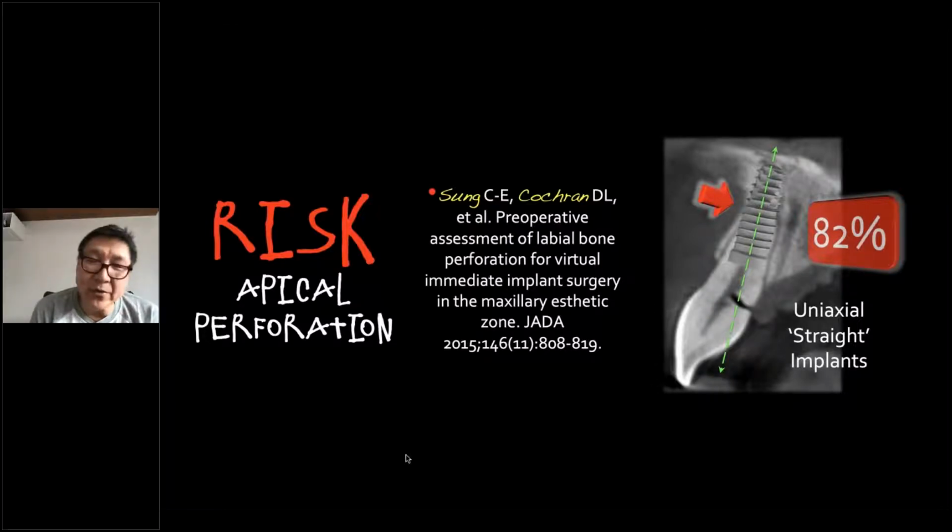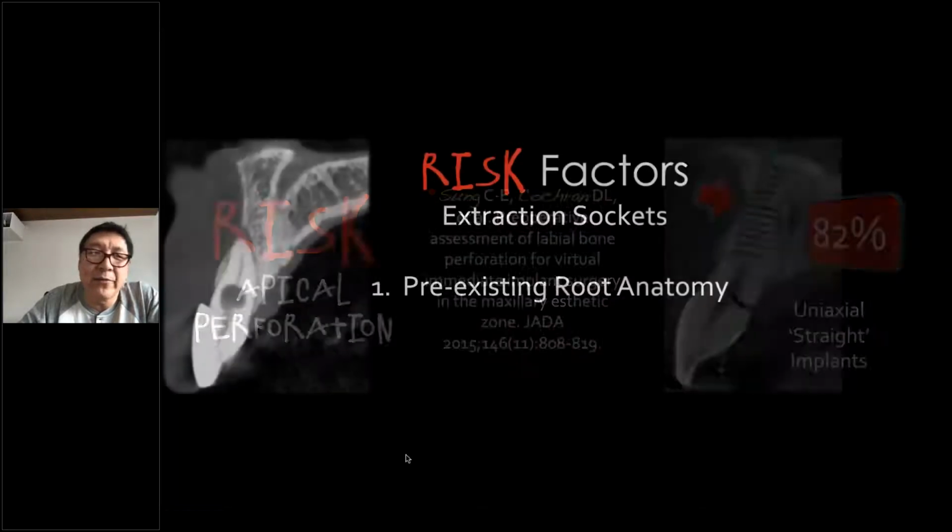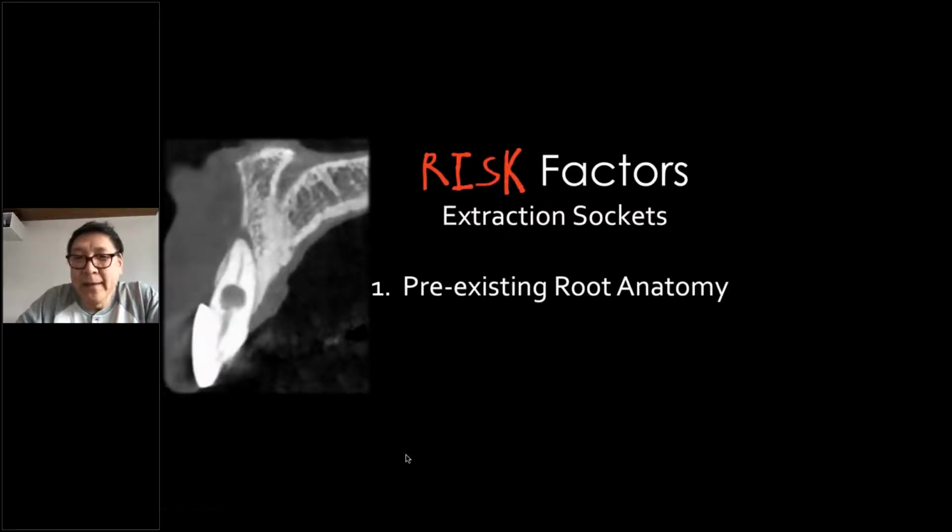Obviously, now with guided surgery, you can try to plan better, but the reality is that the anatomy will dictate what we really need to do, and hence we're trying to use maybe a design that is not so favorable in the aesthetic zone. In all fairness to the surgeons, I don't place implants. I know Petros doesn't, but Costa does. In all fairness to the implants, I think there are certain risk factors associated with extraction sockets.